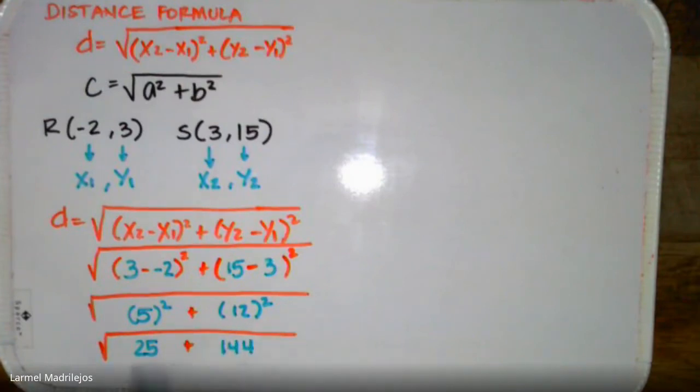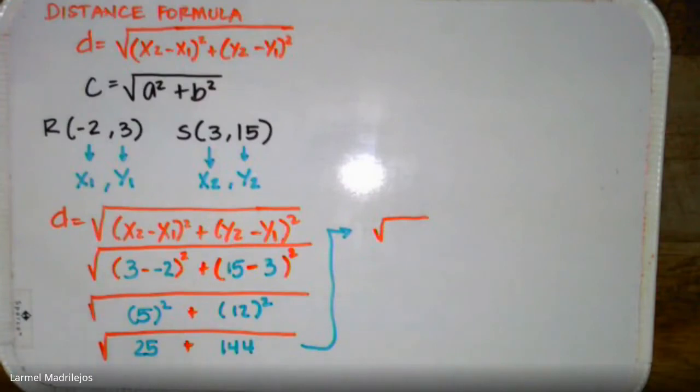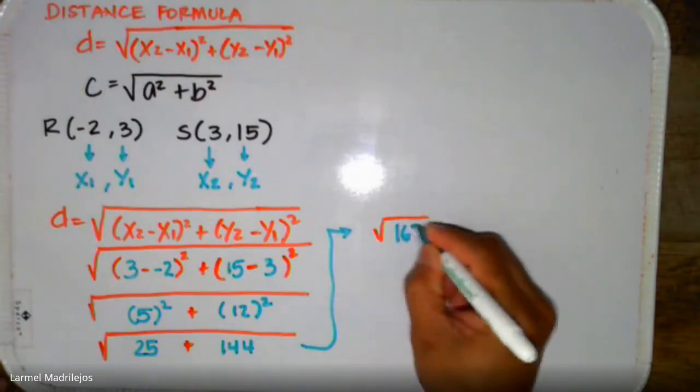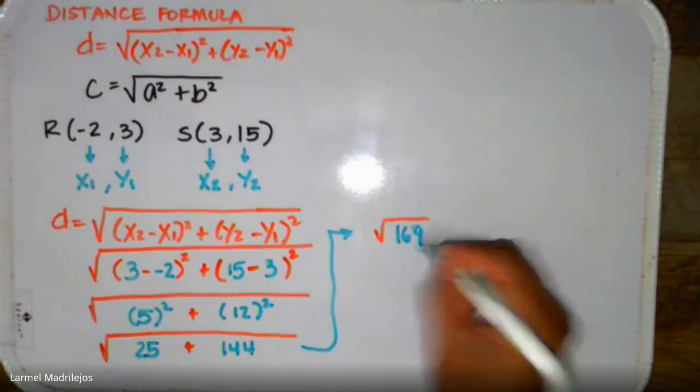If I add both of them, I'm going to end up with 169. Okay, 169. Now, what's the square root of 169?